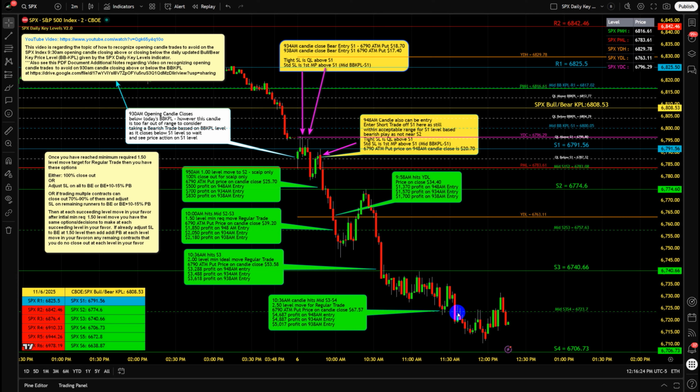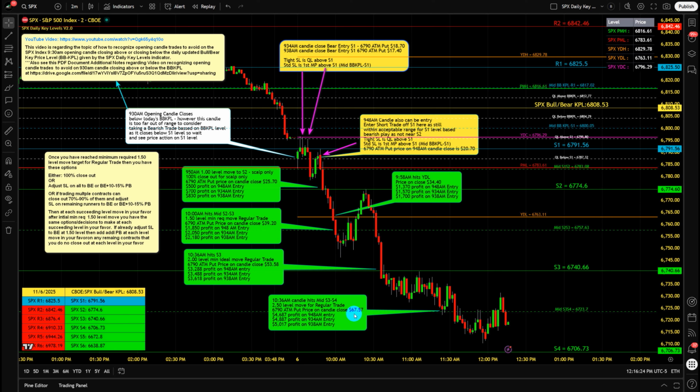After it hits this level, it then hits the mid S3, S4 level at the 10:36 a.m. candle. As you can see, this particular candle wicked down and then came off it slightly. This is a 2.50 level move. So at this point, you have the same decisions to make if you still have any contracts in this trade and did not close out them all earlier.